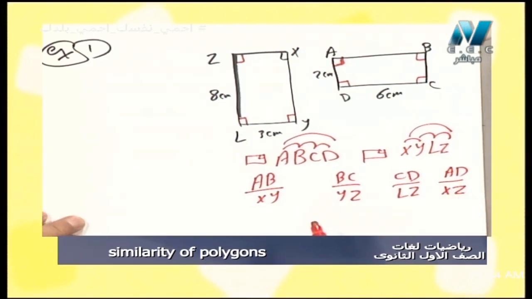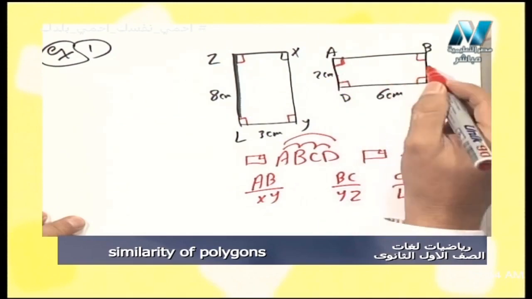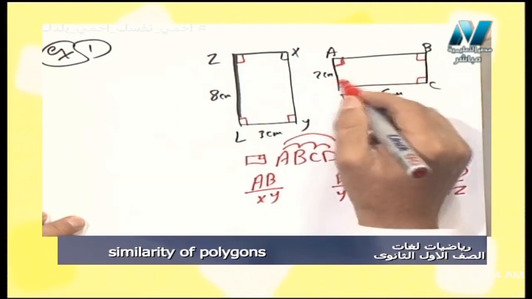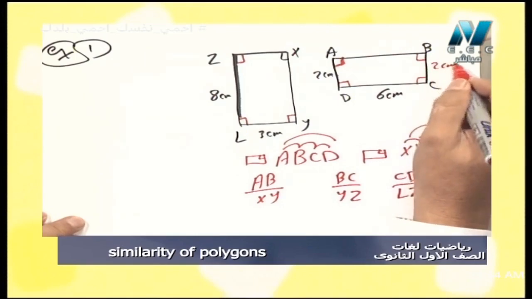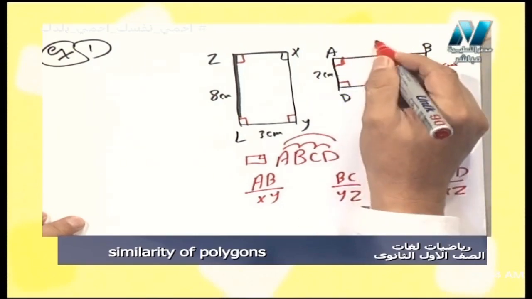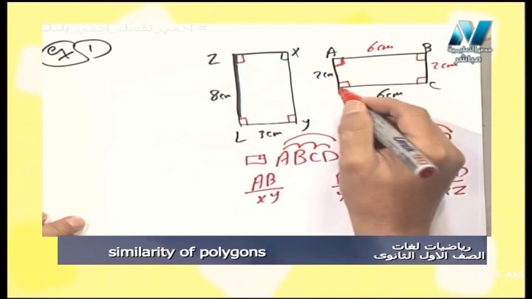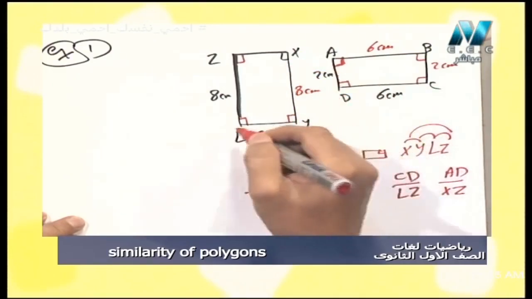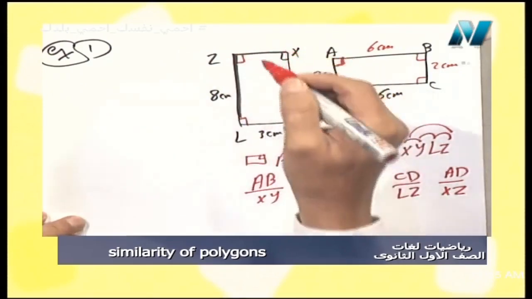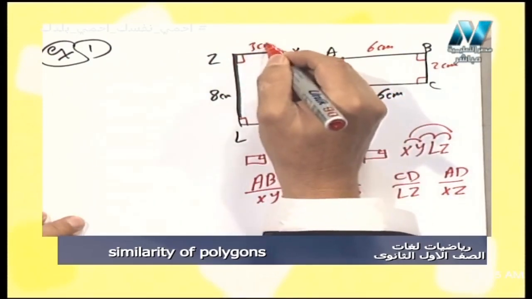The question is, are these four ratios equal? We know that each two corresponding sides, opposite sides in the rectangle, are equal in length. So BC, of course, is 2 centimeters here, and BA equals 6 centimeters, because it's equal to DC. XY equals 8 centimeters, and LY equals XZ equals 3 centimeters.